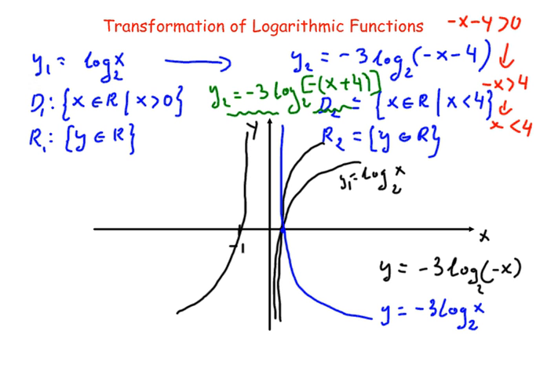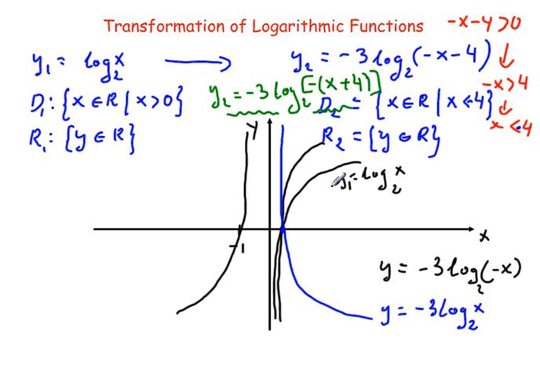Now, let us look at the domain. I did something incorrect here. This solution should give me negative 4. So my domain is x is less than negative 4. I apologize for that. Pay attention one more time. Negative x is greater than 4. When you divide by negative 1 or multiply by negative 1, you flip the inequality sign. So the left side will be positive x and the right side should be negative 4.